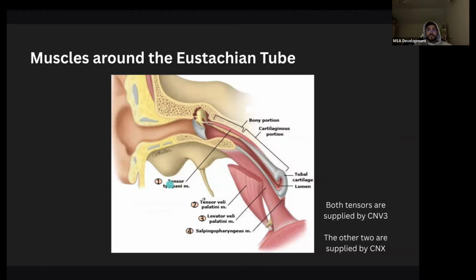Now, both tensors, the tensor tympani and tensor palatini, are supplied by the third division of the trigeminal nerve. And then the other two are going to be supplied by the vagus nerve. What else is supplied by the vagus nerve in the ear? That's going to be the posterior external auditory meatus.